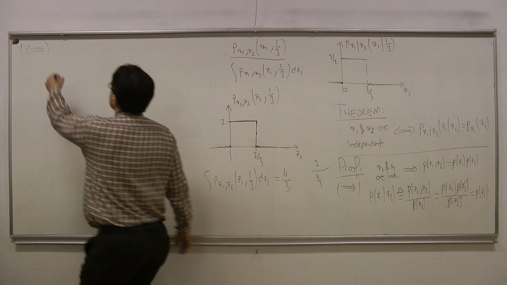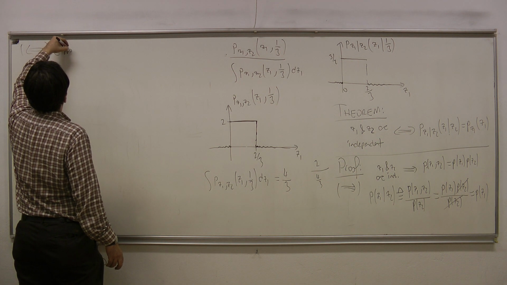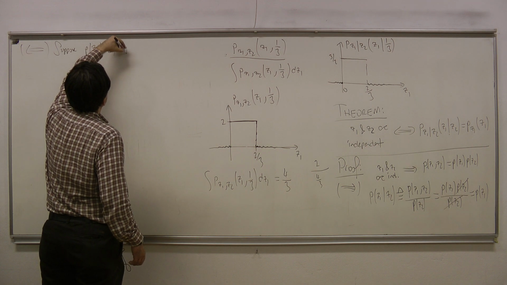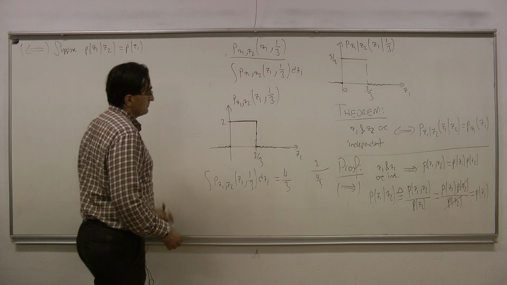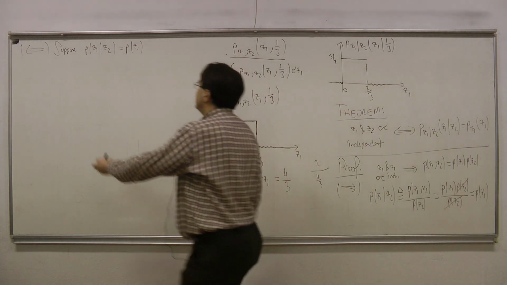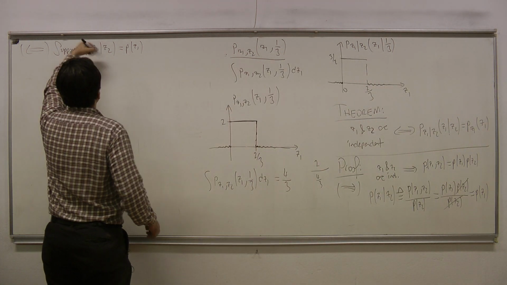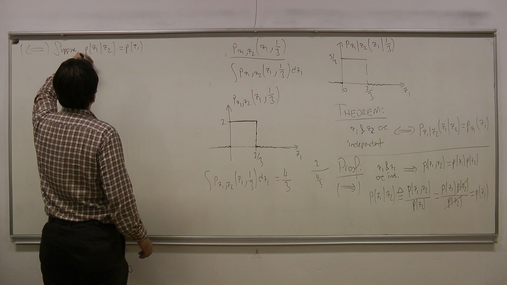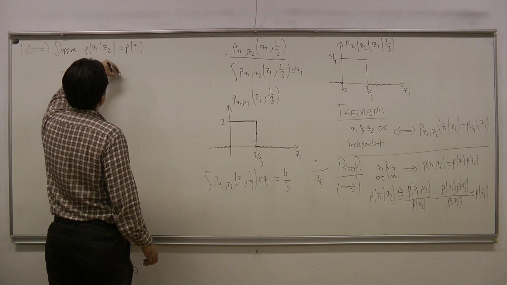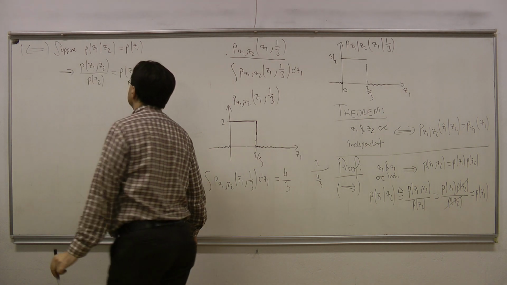Suppose P(Z1 | Z2) is equal to P(Z1). Suppose this equality holds, then I know that P(Z1, Z2) given P(Z2) has to be equal to P(Z1).